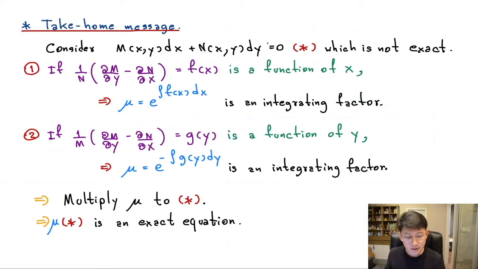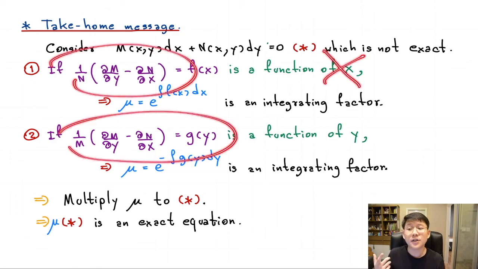First, when we have the equation and it's not exact, we look here whether or not this is a function of x. If it's a function of x, we get the mu, which is this one. If mu is a function of y, we can use mu as y. We don't need to care about minus y, because multiplying the whole equation by y or by minus y is the same thing. If this is not a function of x, we look here whether or not it's a function of y.